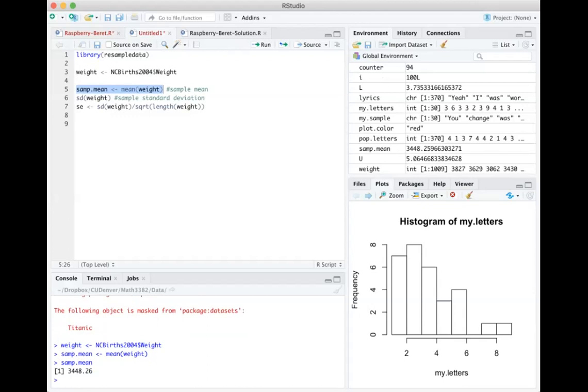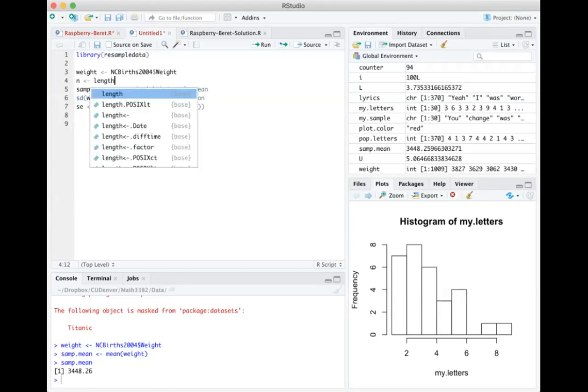And next would be the standard error of the sampling distribution. I can do this in 2 steps. I'm going to calculate the standard deviation of the weight. I don't need to do that intermediate step, but that's how we would do it. Then we would get the standard error by taking the standard deviation from the sample and dividing by the square root of n, where n is the length of the vector weight. Since we're going to use this a couple of times, I'm going to create that over here.